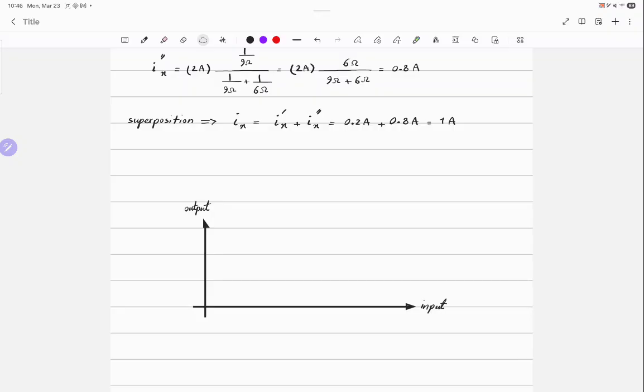Can someone tell me what is the root of the word linear? Line, right? So if I draw the output-input characteristic of a linear system, what should it look like? A straight line, right? So every system in nature is nonlinear.